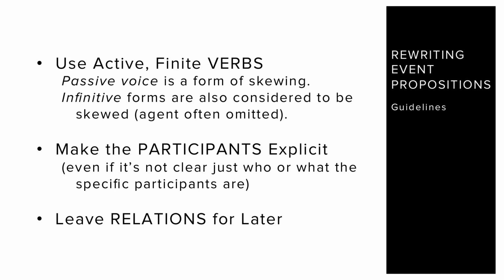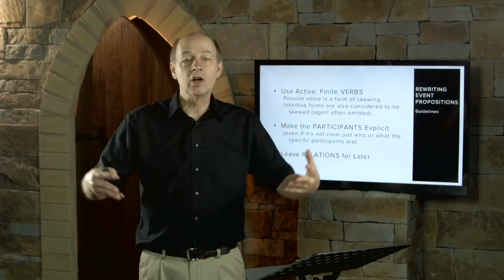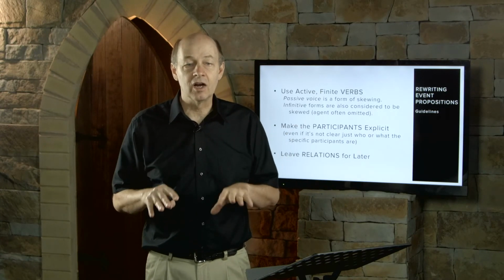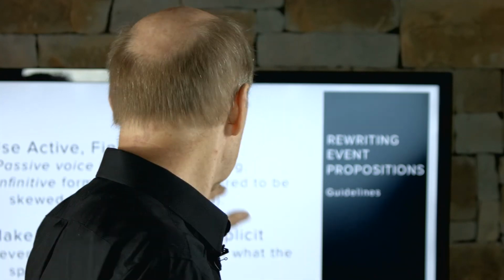And as we rewrite these event propositions, we will make every participant explicit. Many of them may not be explicitly stated in the text, but as we're rewriting these event propositions, remember, we're unpacking all of the meaning. We don't want to leave some of the meaning still hiding in there. So each participant, each thing concept that clearly is part of the picture that's drawn there, we will make explicit.